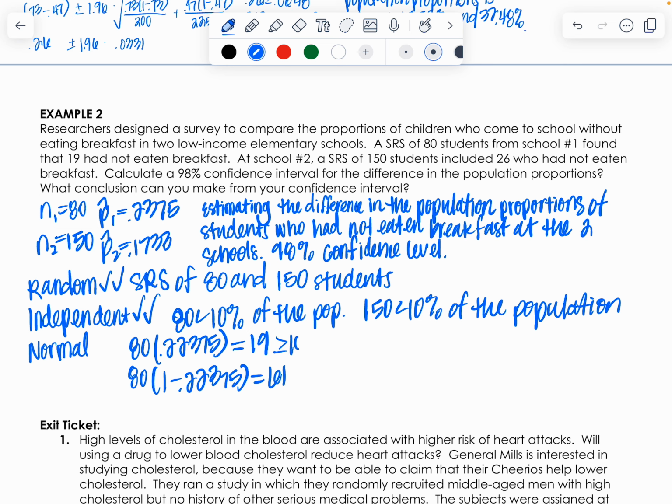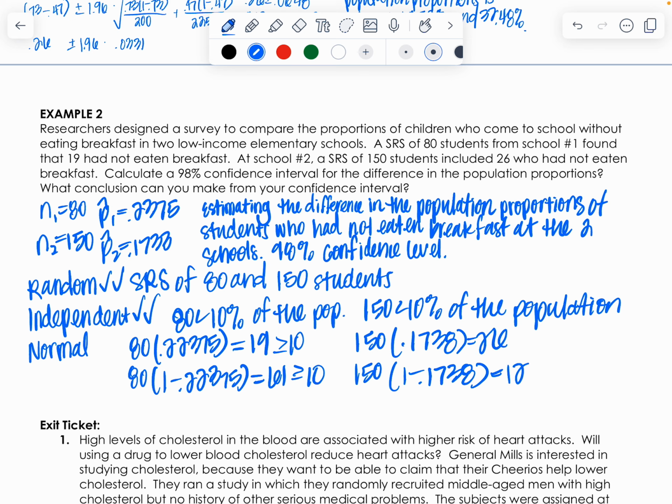Definitely both greater than or equal to 10. And then we've got 150 times 0.1738, and 150 times 1 minus 0.1738 would be 26 and 124, both of which are greater than or equal to 10.